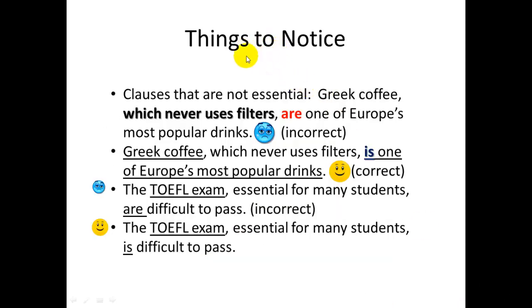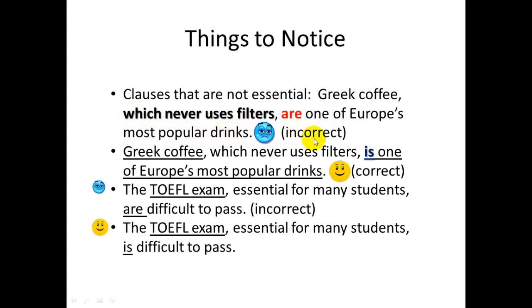Now, more things to notice. I'm going to repeat what I just said on the previous slide. Clauses that are not essential. So the example I had about the birthday party, we had a whole extra part in there that was not essential to the overall idea of the sentence. Here's another example like this. Greek coffee, which never uses filters, are one of Europe's most popular drinks.